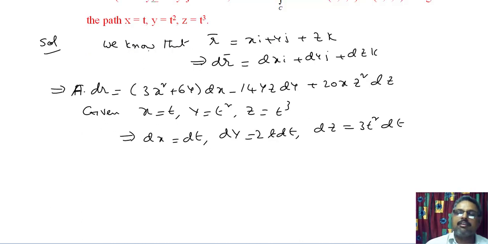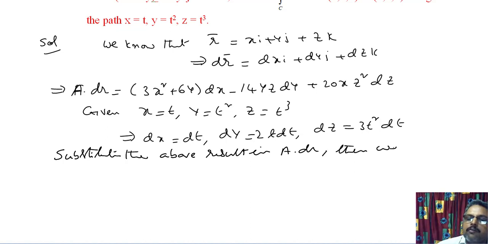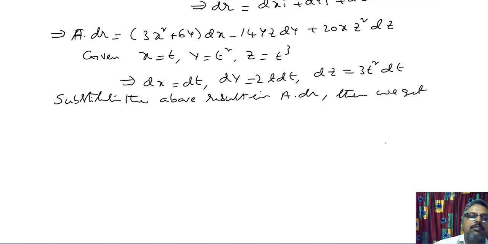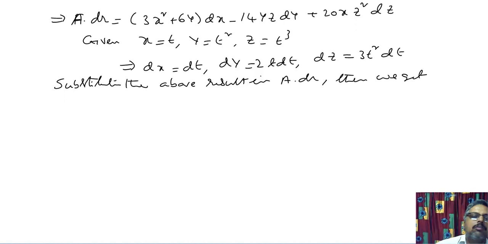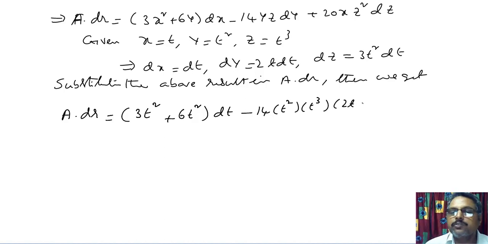Substituting the above results in A dot dr, we get A dot dr equals 3 into x², which is t², plus 6 into y, which is also t², times dx, which is dt, minus 14 into y, which is t², z is t³, dy is 2t dt, plus 20 times x, which is t, and z², which is t⁶, (t³ whole squared), dz equals 3t² dt.